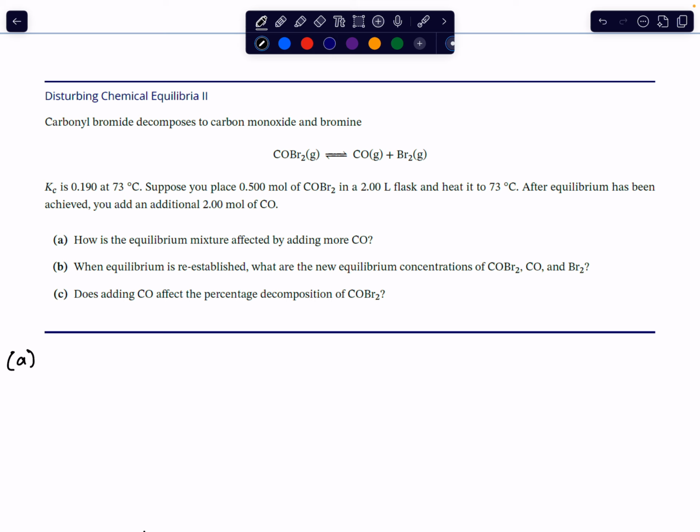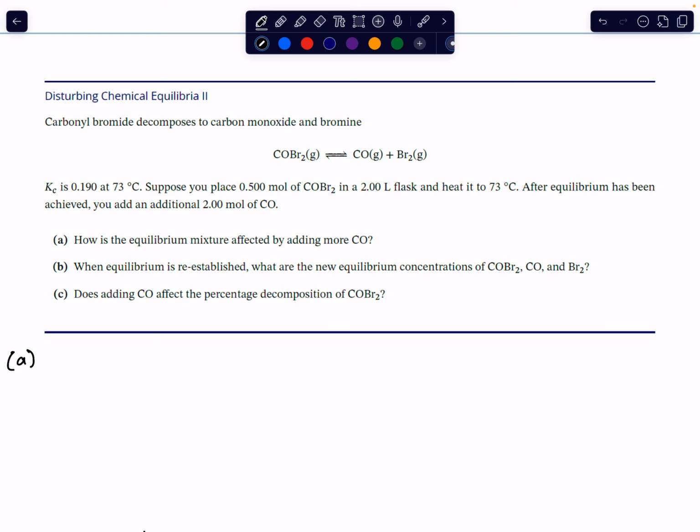Thinking about that, carbon monoxide is a product. So if something has already reached equilibrium and then you add a product to it, in principle all that should happen is you've increased a product concentration. Le Chatelier's principle says that the system will react to oppose the disturbance, and hence it would want to decrease that concentration.